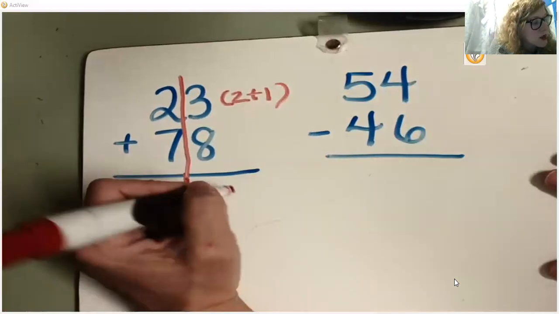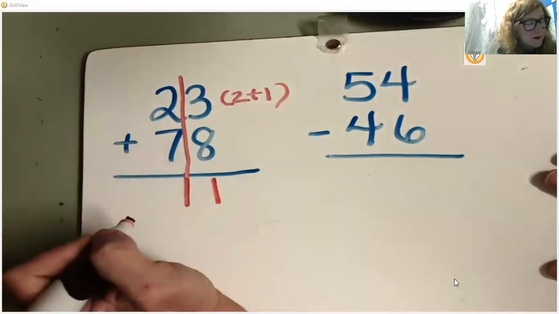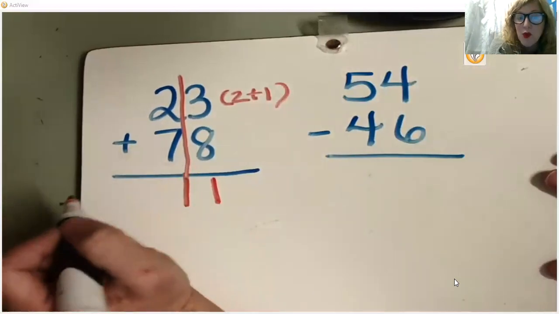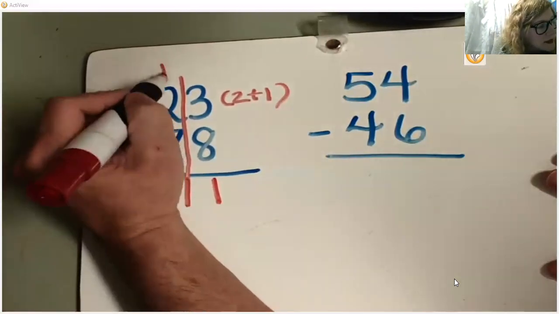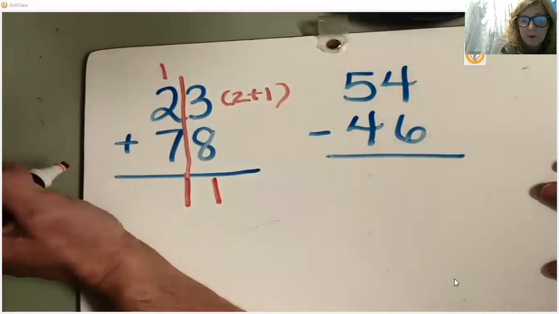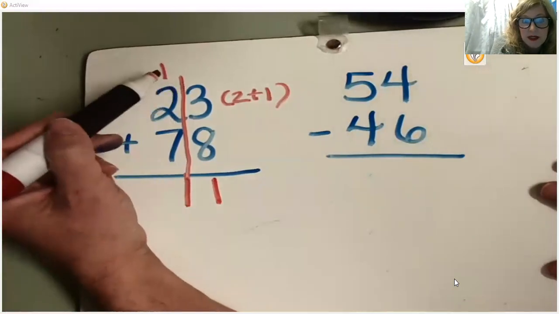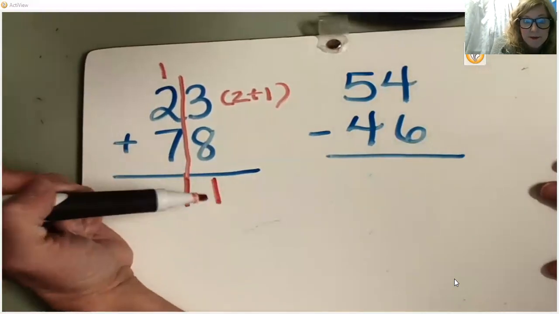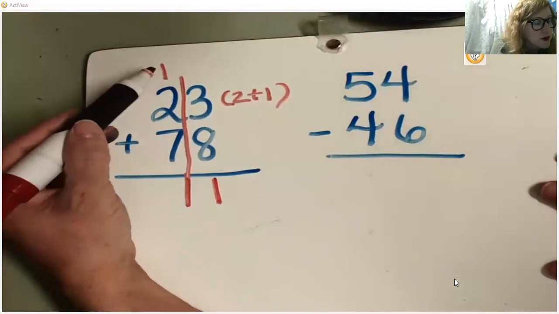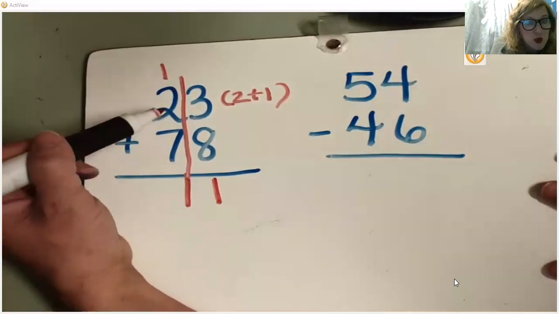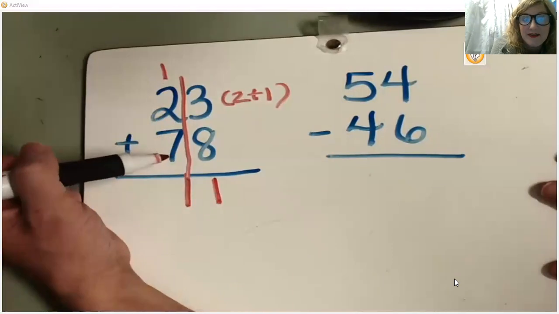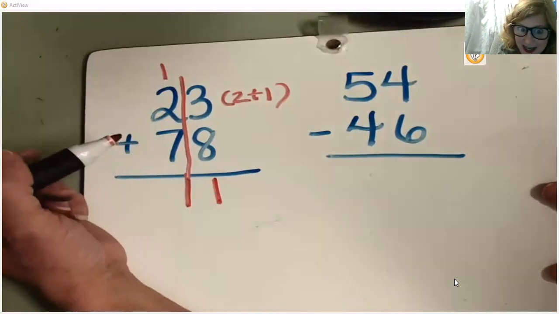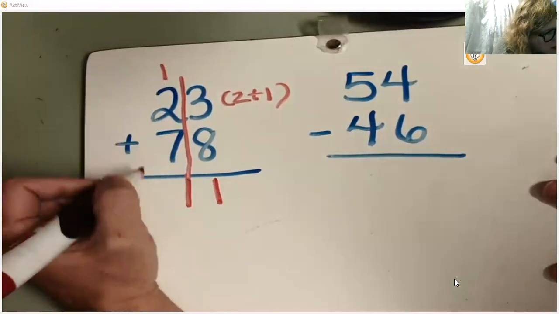11 has 1 ten, oh, excuse me, 1 one and 1 ten. So I'm going to put the 10 up there. So 11 has 1 ten and 1 one. So this 10 is over in the tens place. 1 plus 2 is 3. 3 plus 7 is 10. Well, we can't put that in the tens place either.